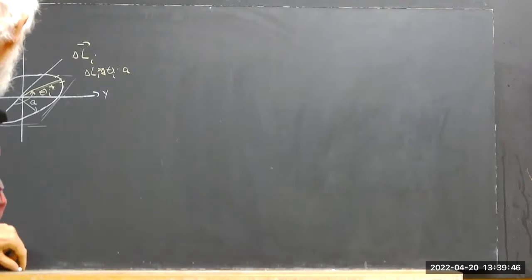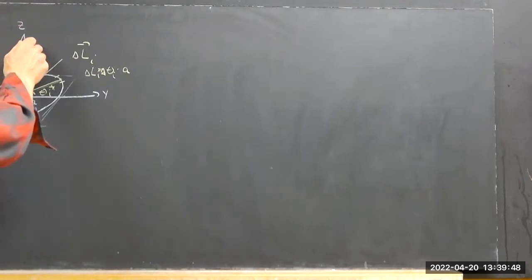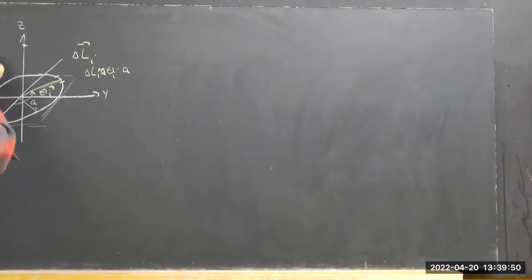Okay, but what we want now is the field at a point here. Let's just call this point 0, 0, z to emphasize it's on the z-axis. Okay, well, first of all, let's calculate.